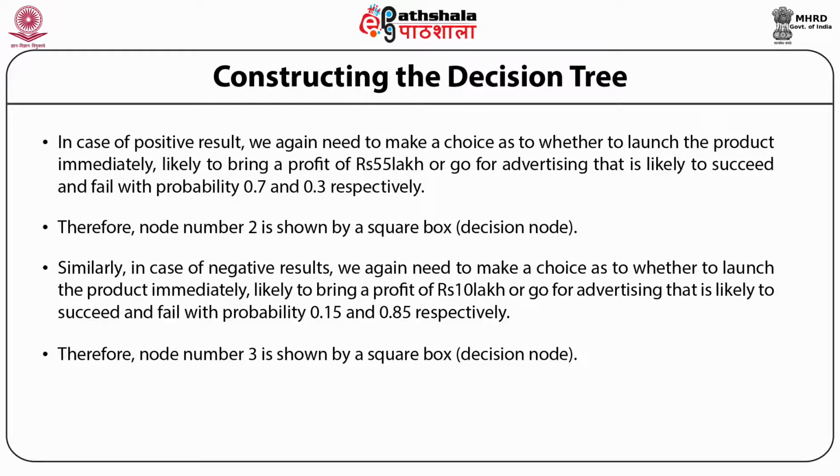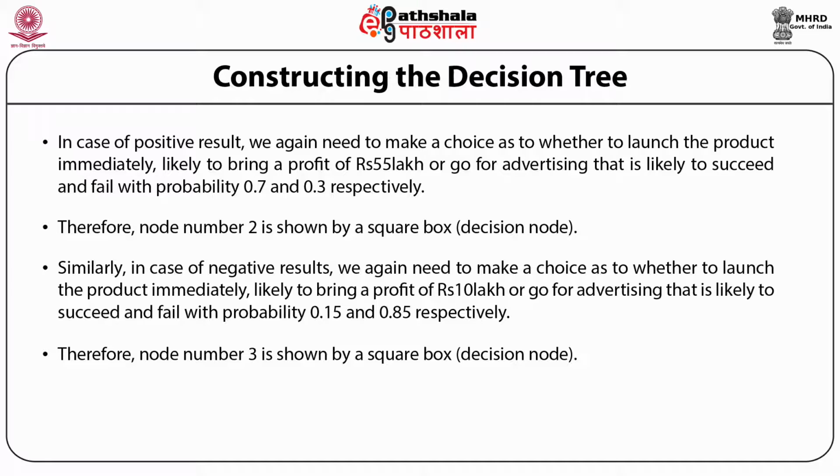Now in this diagram, you can see that we have 3 square boxes, 1, 2, 3, which represent the 3 decisions, and we have a few chance nodes. Chance nodes mean an uncertain environment, where we really do not know the outcome with the existing information.